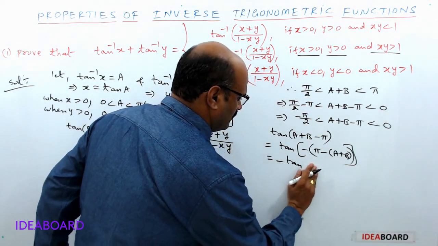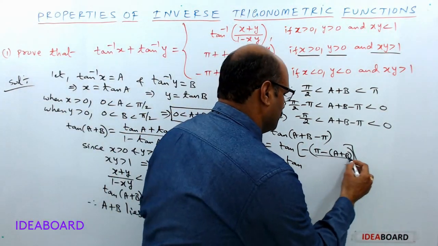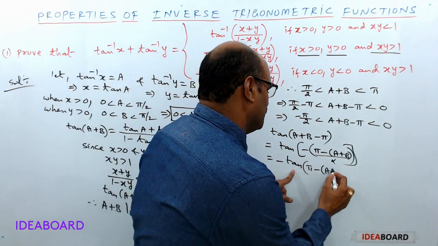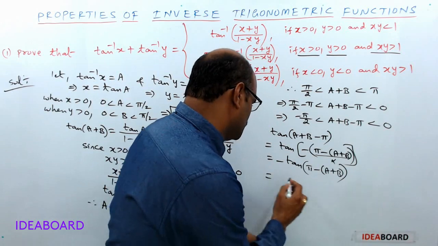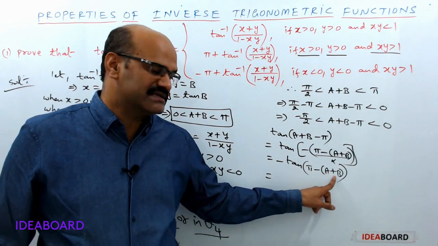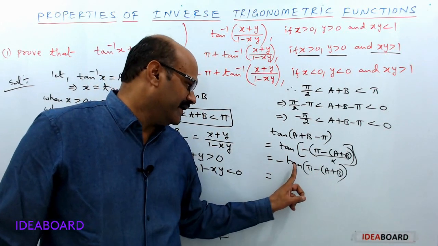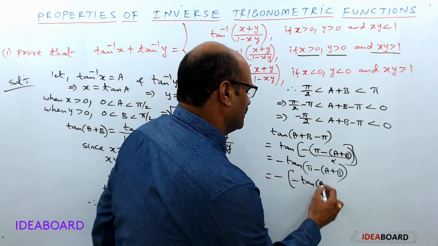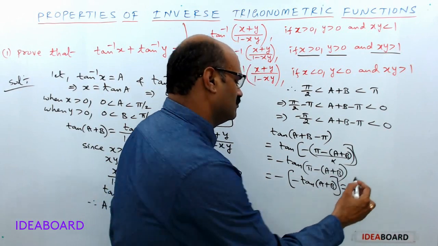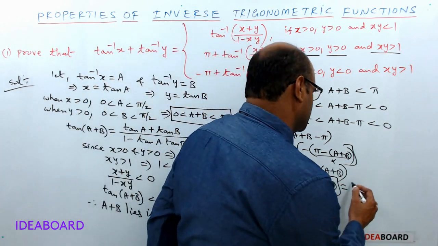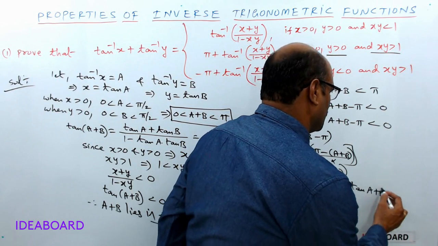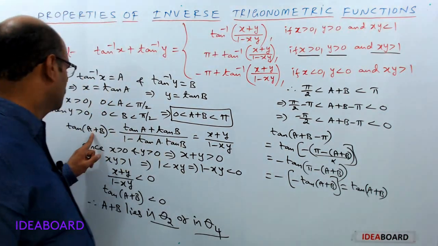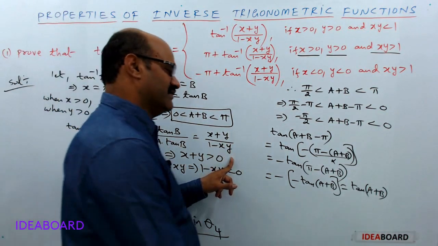So minus tan of pi minus of a plus b, where alpha equal to a plus b. Tan of 180 minus alpha equal to minus tan alpha. So minus of minus tan of a plus b equal to tan of a plus b, equal to x plus y by 1 minus xy.